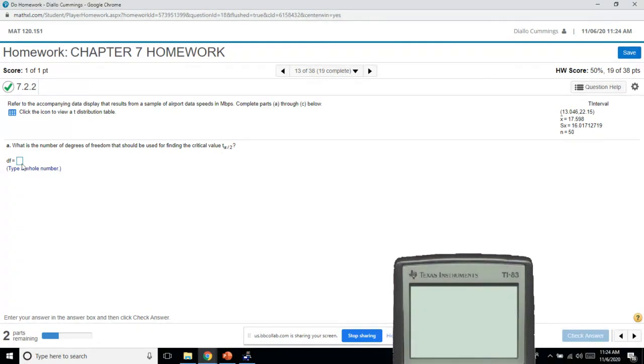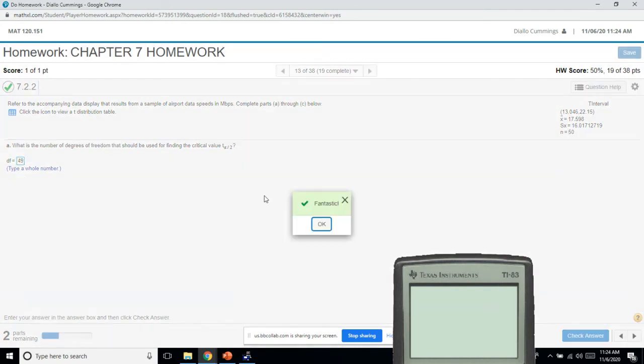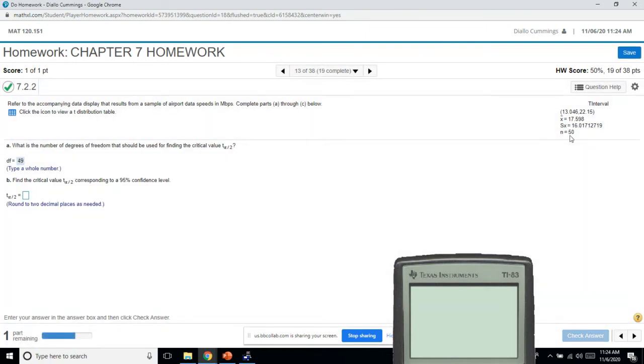Remember, the degrees of freedom is equal to n minus 1. In my case, n is 50, so 50 minus 1 gives me 49.